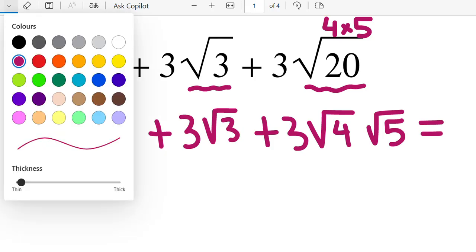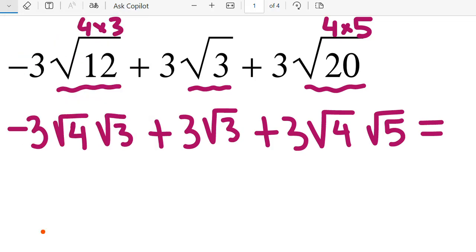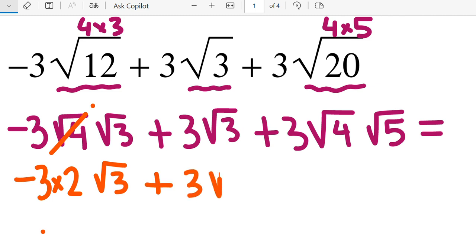Okay, let's complete the ones that we know. Square root of 4 is 2, right? So we have negative 3 multiplied by 2, and then radical 3 remains the same. Plus 3 radical 3 remains the same.